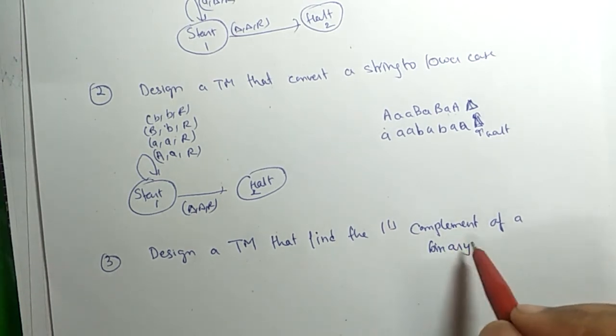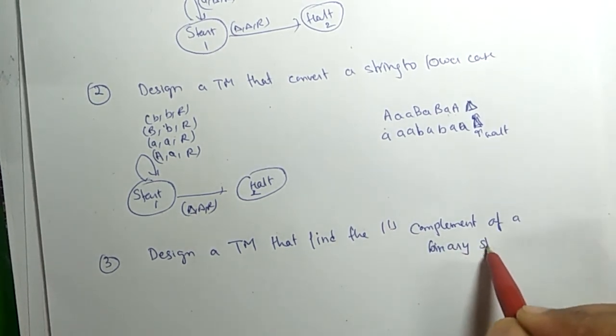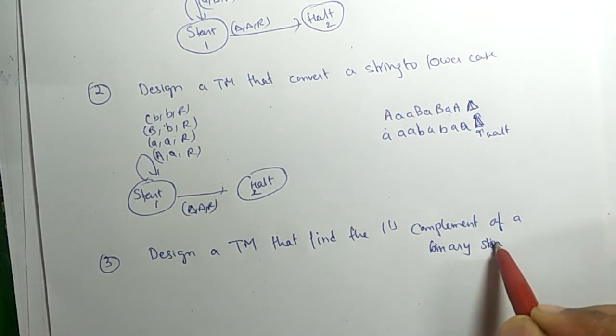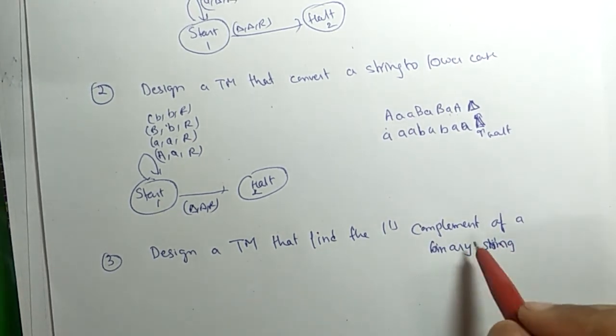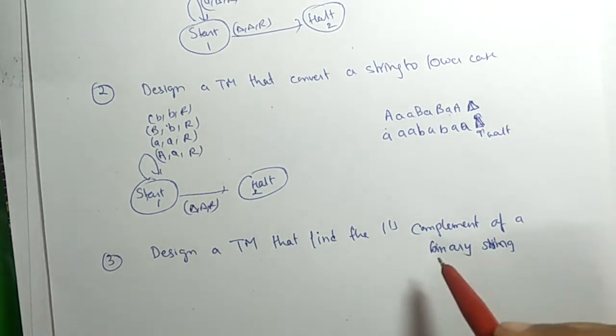So on input we will give a binary string, and what will the Turing machine do? The Turing machine will find the ones complement of that particular string.